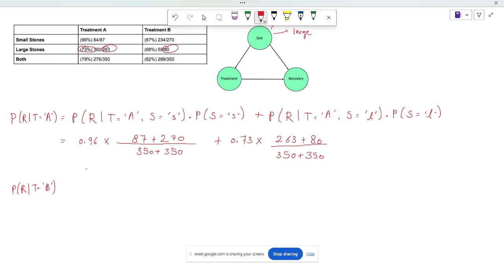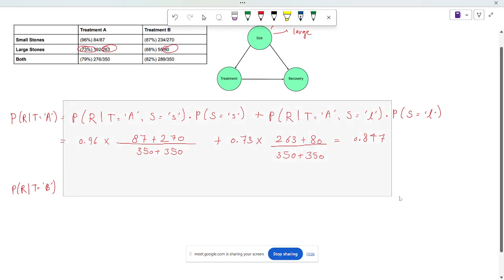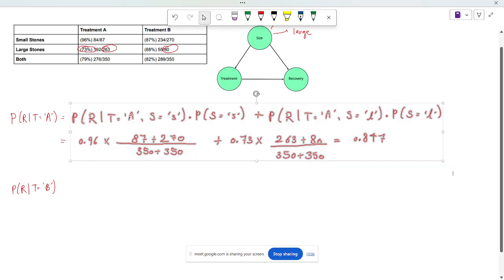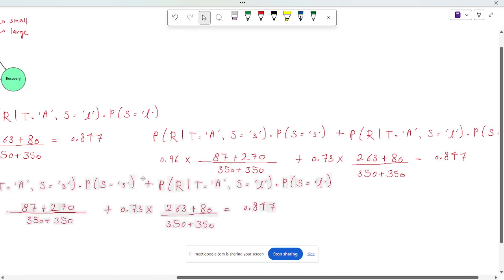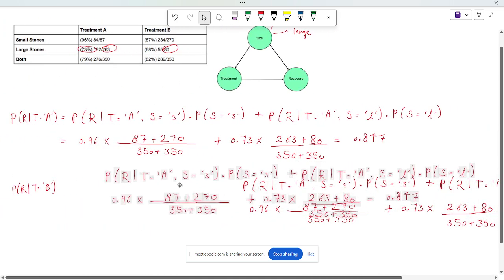So this gives you 84.7% or 0.847. And then you can do the exact same thing for the treatment B as well.